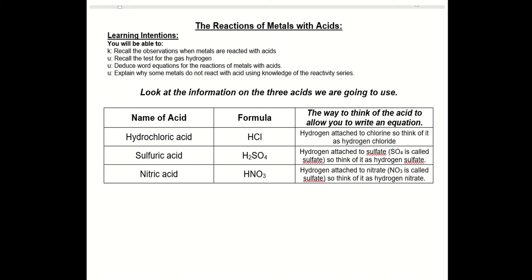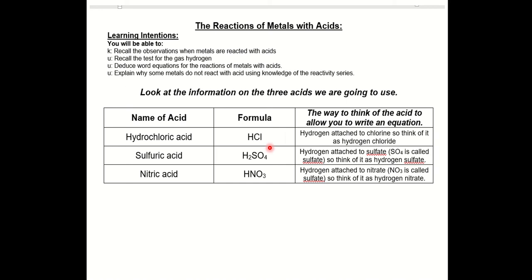So the three acids that we use in the laboratory are hydrochloric acid, sulfuric acid, and nitric acid. Now, if you look at the formulas of them, hydrochloric acid's HCl. Now, we're not going to ask you to learn those, but why we put that formula in is, look at what it is. It's hydrogen attached to chlorine. And in the same way, when those two things are attached, metals that are higher than hydrogen should be able to steal these things away.